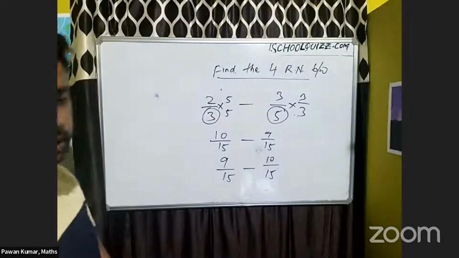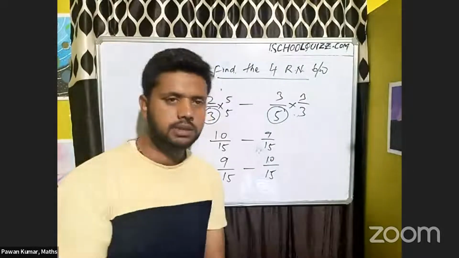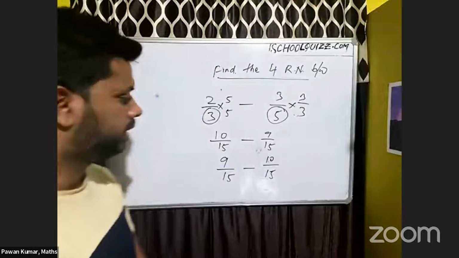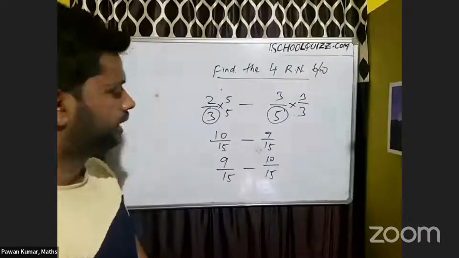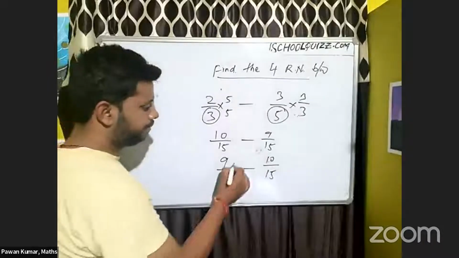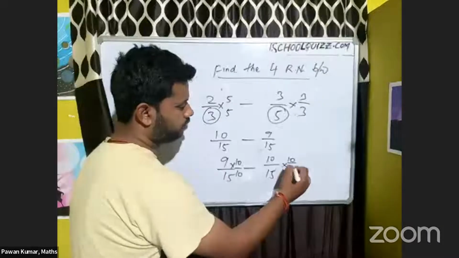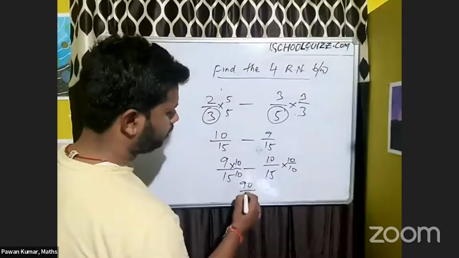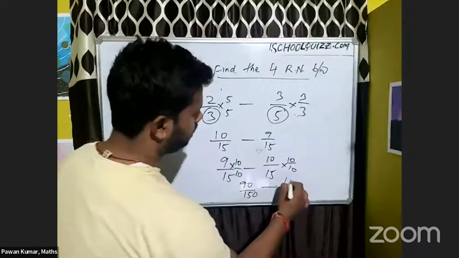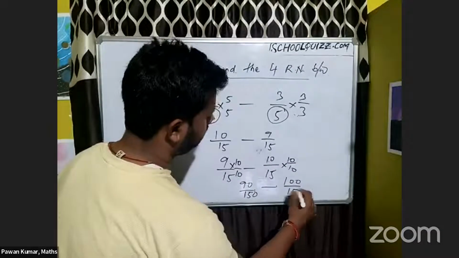Correct. अब मुझे इसके बीच में 4 नंबर चाहिए, या 5 नंबर चाहिए, या 6 नंबर चाहिए, या 10 नंबर चाहिए, या 20 नंबर चाहिए. So what I said, suppose if I multiply with 10 on both sides, कोई changes? No, sir. Correct. So 15 into 10 is 150, and 90 by 150 to 100 by 150.